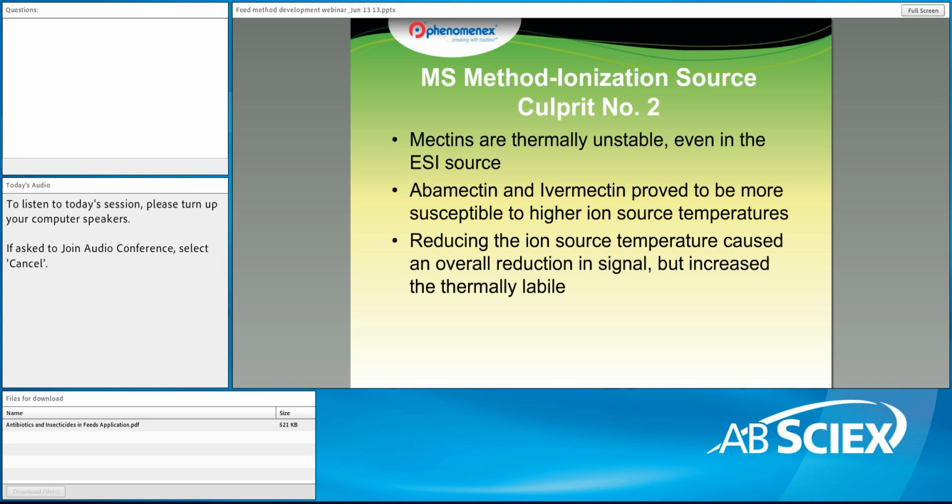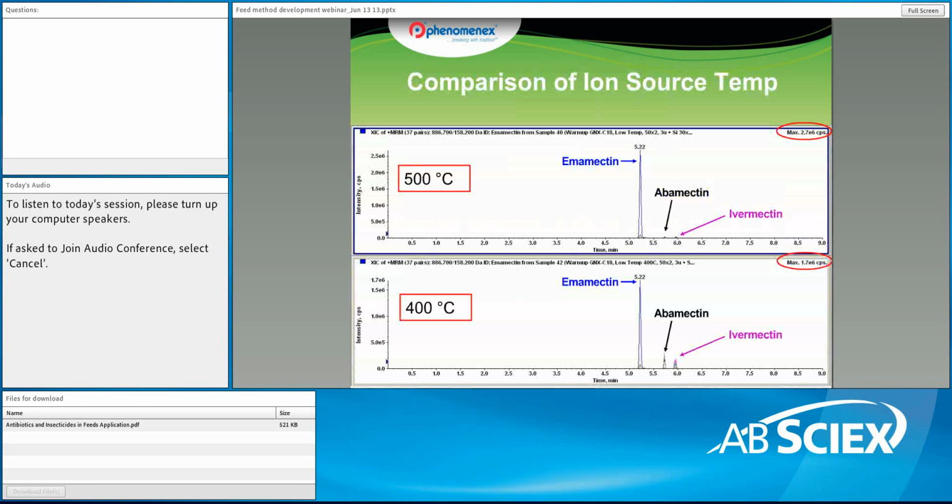In this case, what became an issue was the temperature of the drying gas. That's gas 2. If we reduce the temperature, we can get a little better stability of ions in the source before they're analyzed. So we have two sets of temperature.